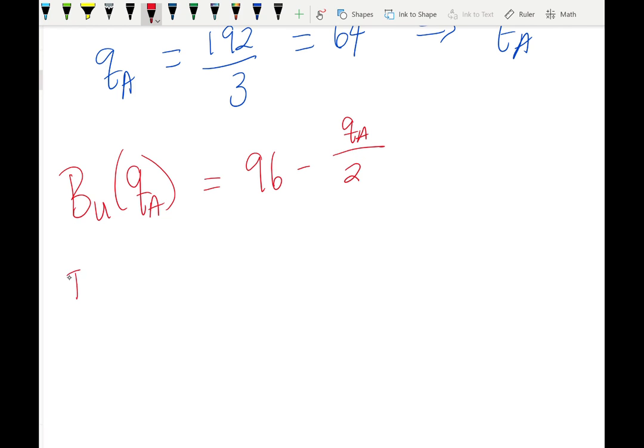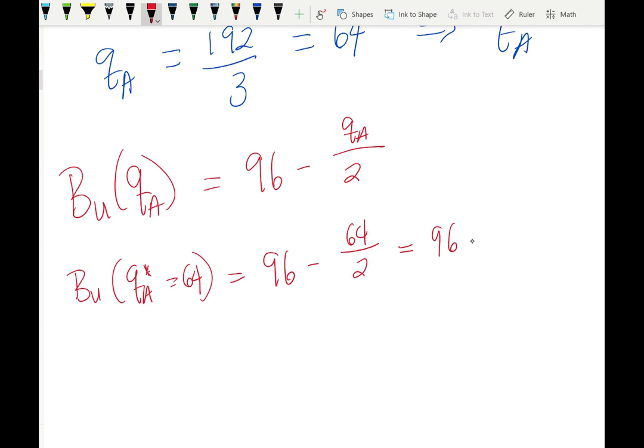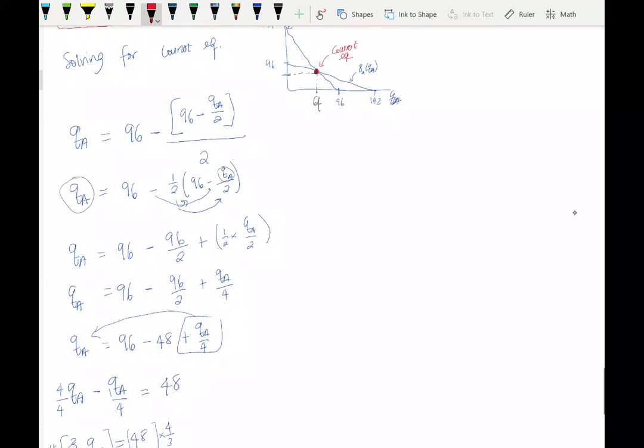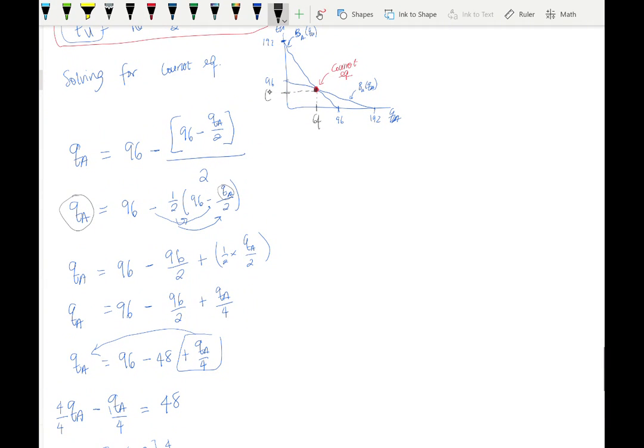But we know that QA star, in fact, is 64. So we can figure out what United should respond with, which is 96 minus 64 over 2, which ends up being, you guessed right, 64 as well. Now, this happens because of the symmetry in this problem.